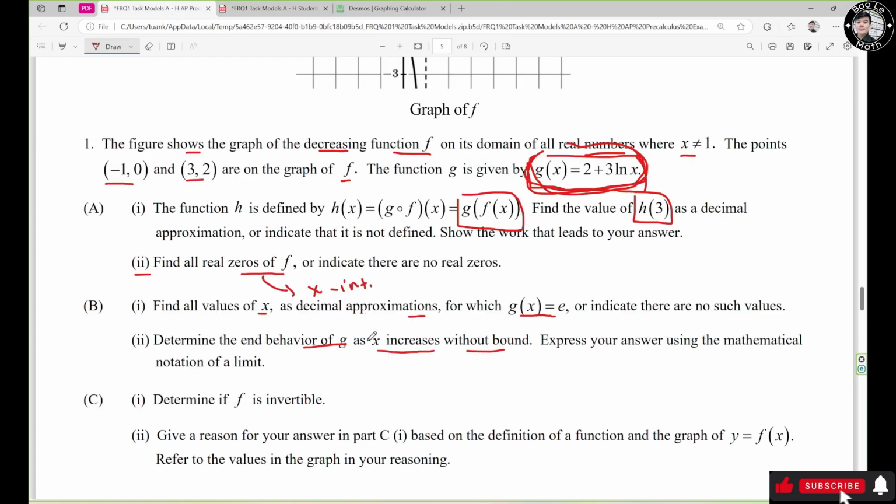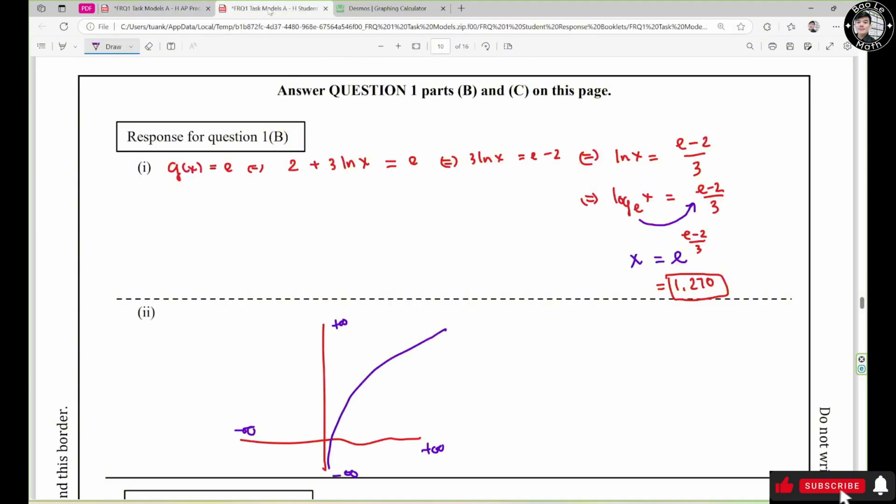Now, as s increases without bound, when s approaches positive infinity, the function keeps going up forever, right? So we have the limit of the function g of s when s approaches positive infinity equals positive infinity, right?